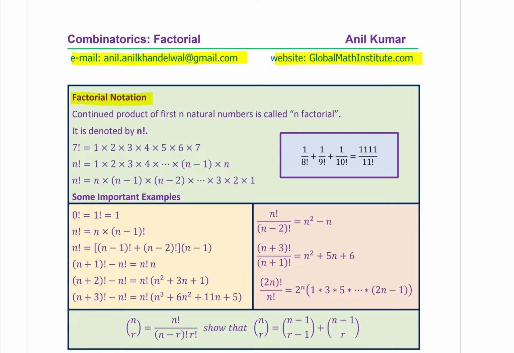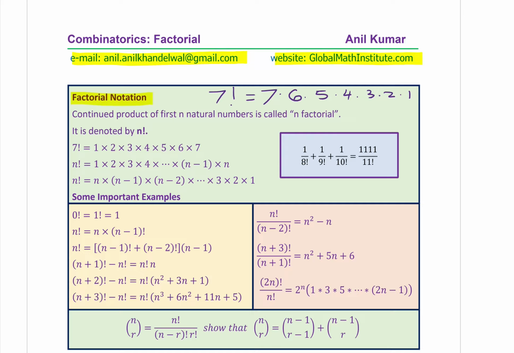What is this factorial notation? So you must have seen something like 7 factorial, right? It really means you just multiply the natural numbers 7, 6, 5, 4, 3, 2, and 1. So you get the product of this, which is in short written in factorial notation as 7 factorial.